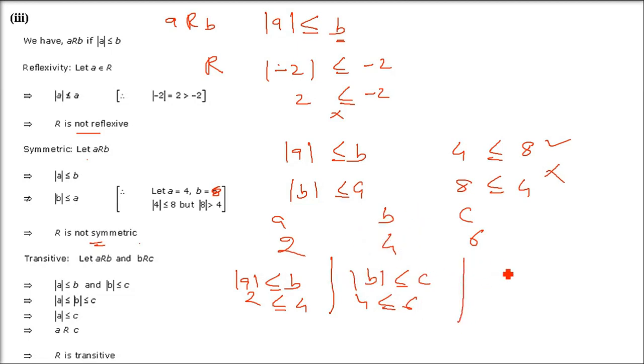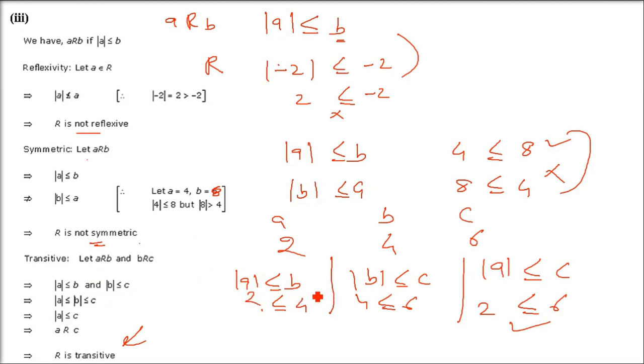Now coming to A and C. I'm taking A as 2 and C as 6. So mod 2 is 2 only, and 2 is less than or equal to 6. So this is correct, so this is transitive. So it is neither reflexive nor symmetric, but it is transitive.